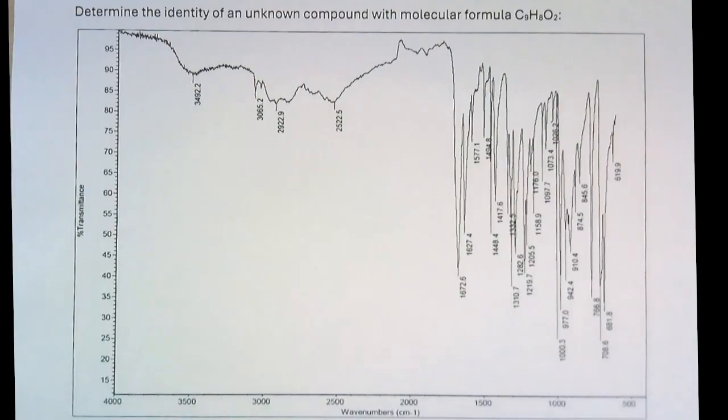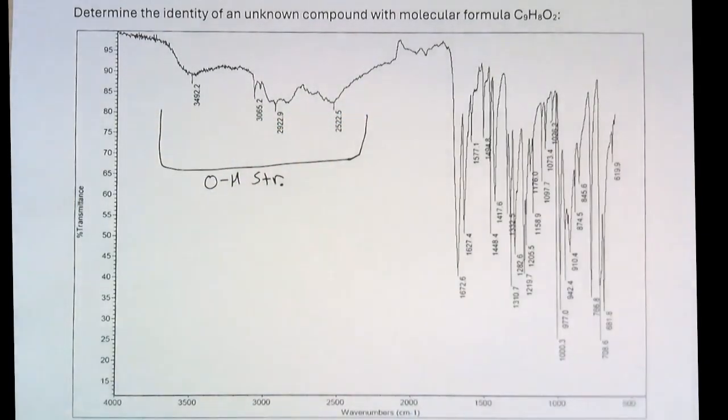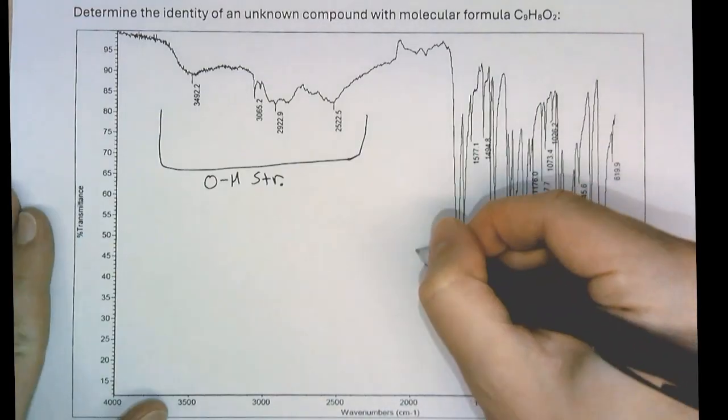Starting with the IR spectrum, we can identify that there is a carboxylic acid present by its characteristic broad, uniform OH stretch signal ranging from 3500 to around 2500 wave numbers. A C double bond O stretch is present at 1673 wave numbers, which supports the presence of a carboxylic acid.